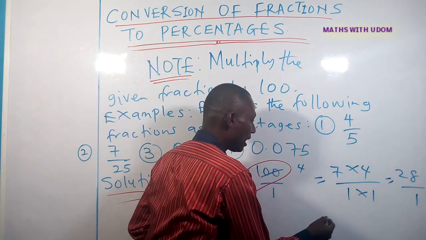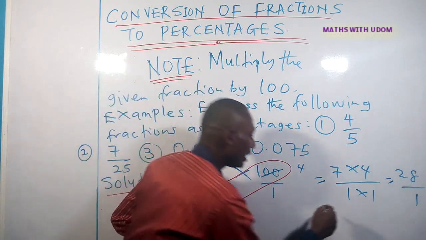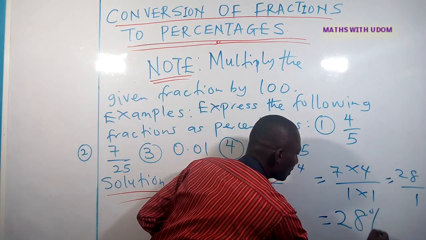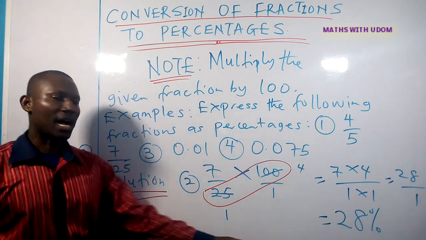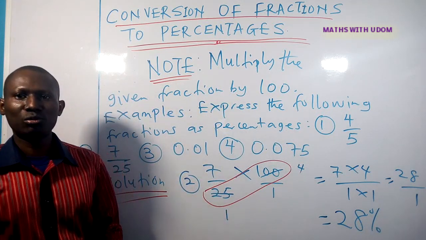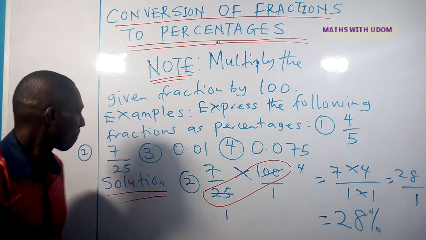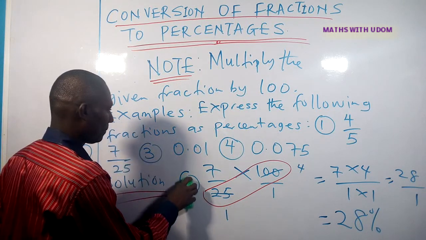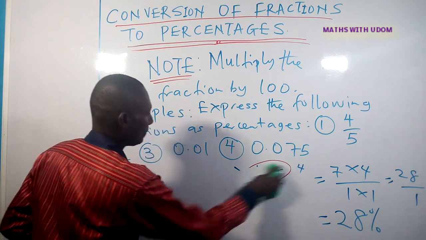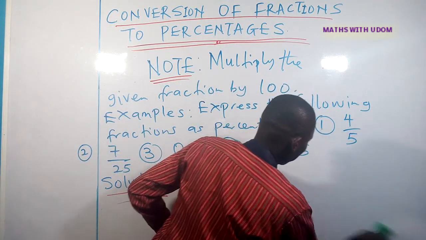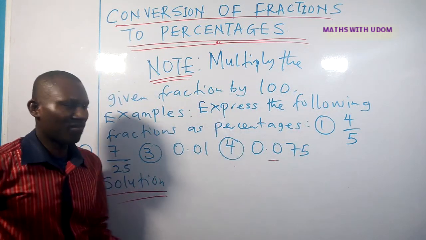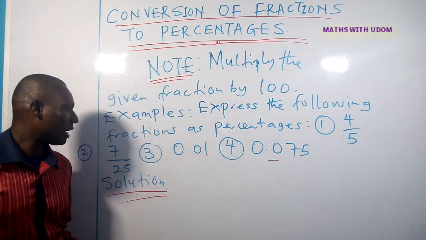Is 1. And finally, our answer is 28%. 28%. That is our answer for number 2. Let's move to number 3. So for number 3, what do we have there?